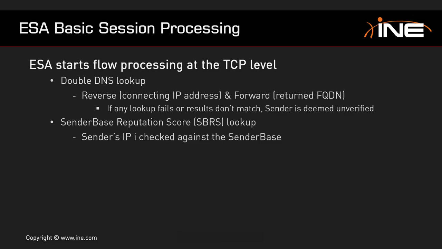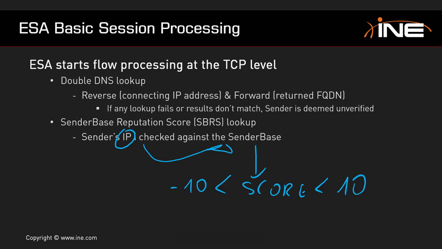And the way that ESA will figure out the reputation is that it will look up the connecting IP address in SenderBase, and Cisco SenderBase is going to reply giving ESA a decimal number, something in the range from -10 to +10, where -10 is almost guaranteed to be a spammer.